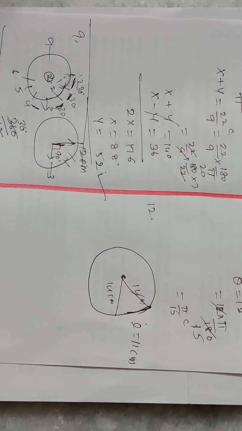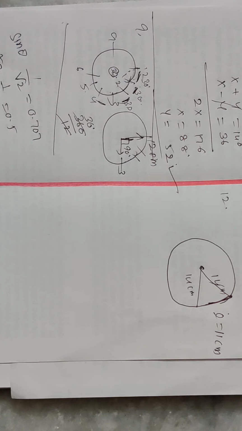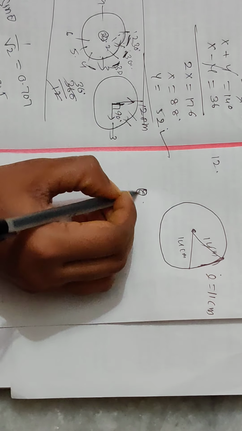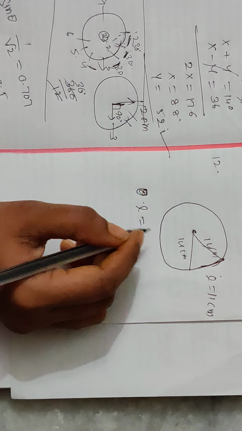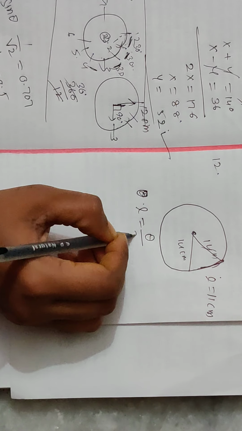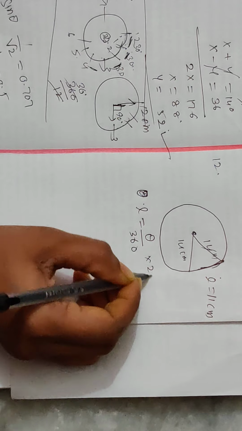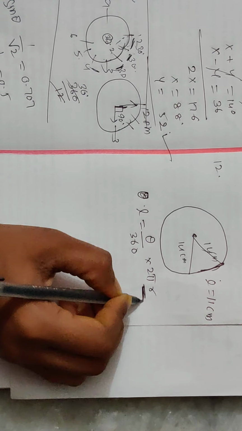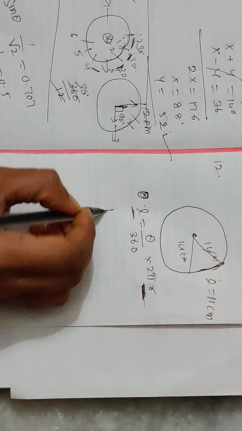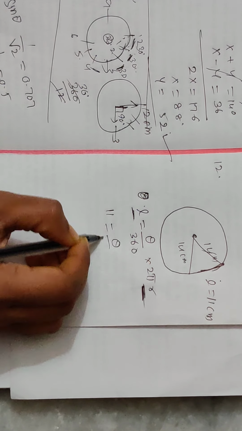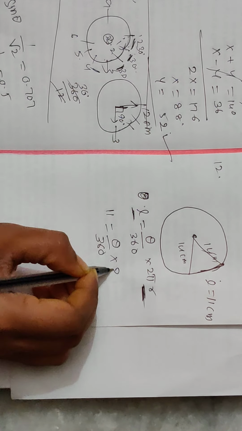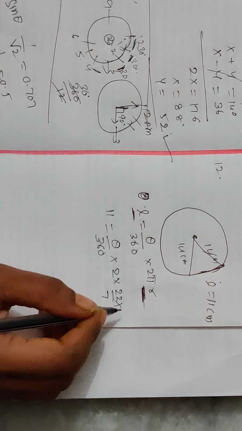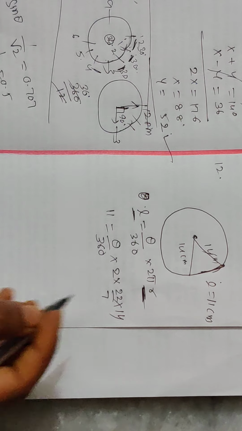We have one formula: the length of the arc is given by theta by 360 into 2 pi r. Directly substitute: theta by 360 into 2 pi, where the pi value is 22 by 7 and the radius is 14.